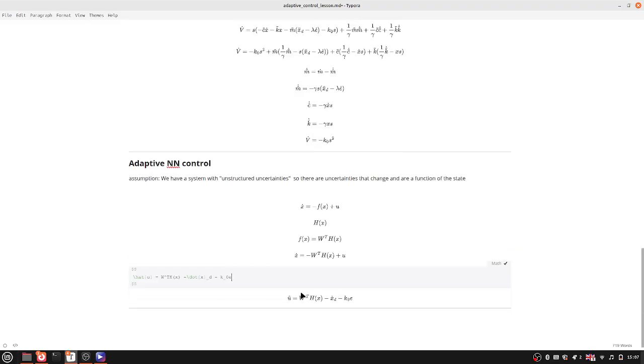But remember u hat, we don't actually know w, so it's not w, it's w hat, like that.